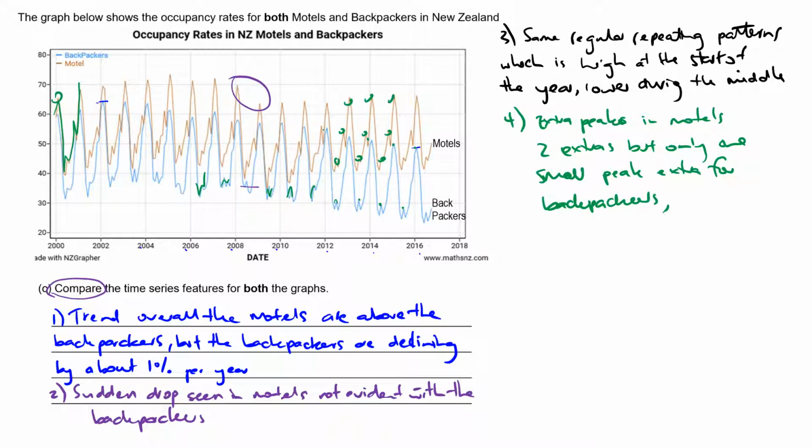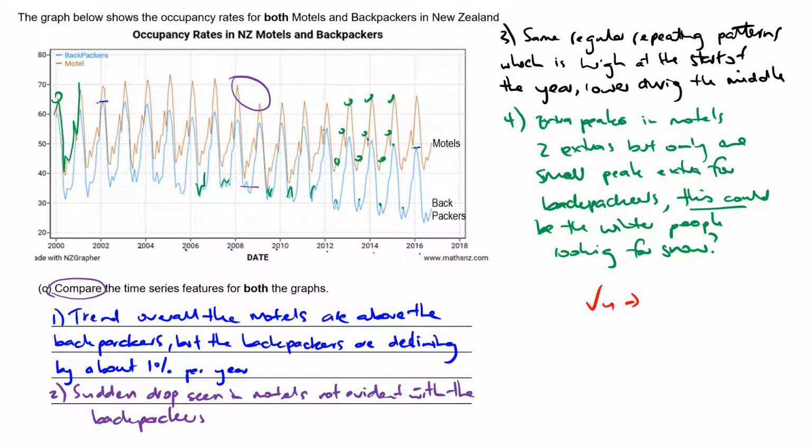And say this could be the winter people looking for snow, whatever this could be. So again, your achieve tick was for one statement.